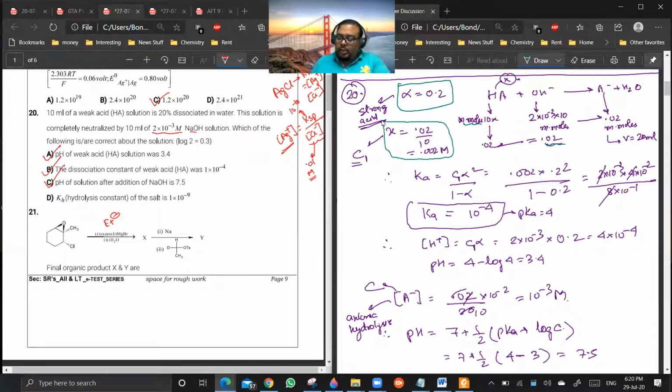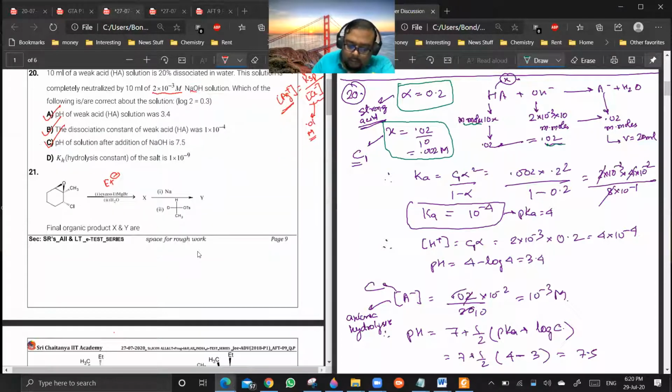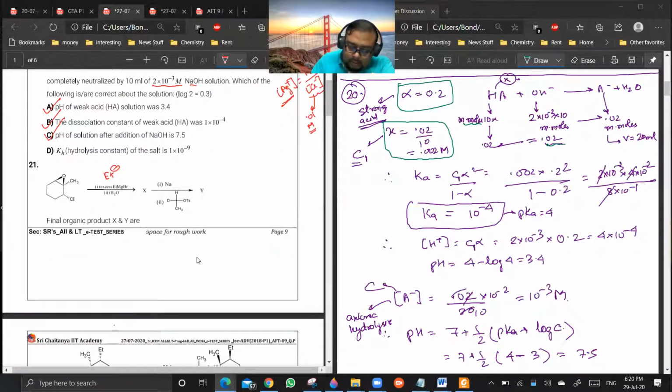You see, K I can write as C1 alpha square by 1 minus alpha. You have HA going to H plus and A minus. Initially it is C1, 0, 0, and at equilibrium C1 into 1 minus alpha, C1 alpha, C1 alpha.